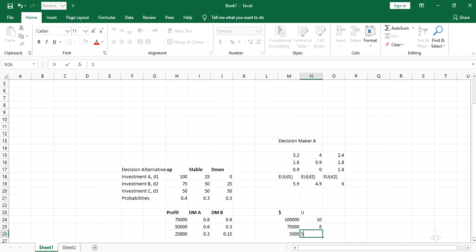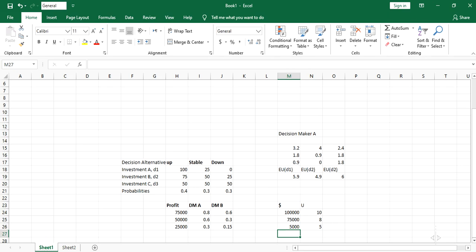$50,000 is 5, and then $25,000 is 3. Okay, so it's the same for investor B, decision maker B. Let's call this utility for A and this utility for B, and that was A, and this is just 1.5.